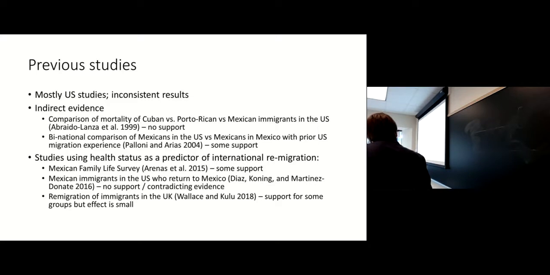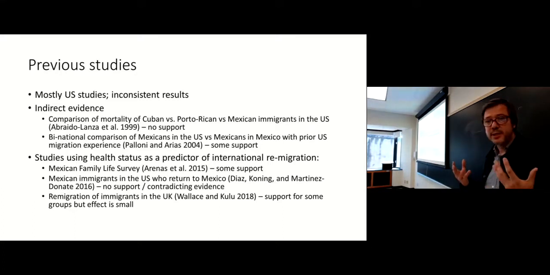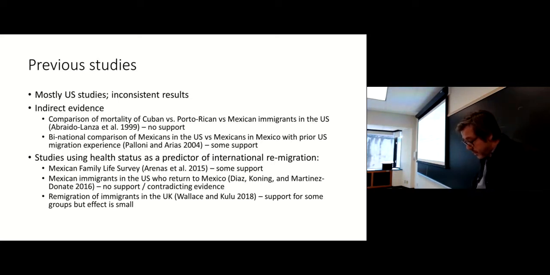So if negative health selection is really occurring, you should expect Mexicans to have low mortality and Cubans to have higher mortality in the U.S. because they're not subject to these negative selection forces. Now, when you do these comparisons, you find that the data are not supportive of this negative health selection because, in fact, Cubans do have low mortality as well, just as the other groups. So that comparison was not conclusive.